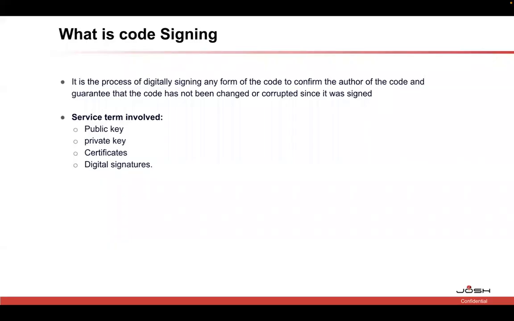So basically, what is code signing? Code signing is the process to digitally sign any form of code, confirming the author of that particular code, which guarantees that the code has not been changed or corrupted since it was signed.